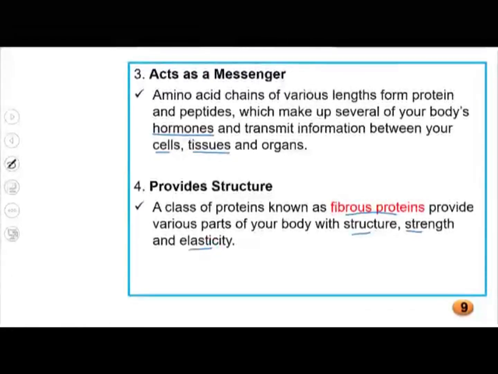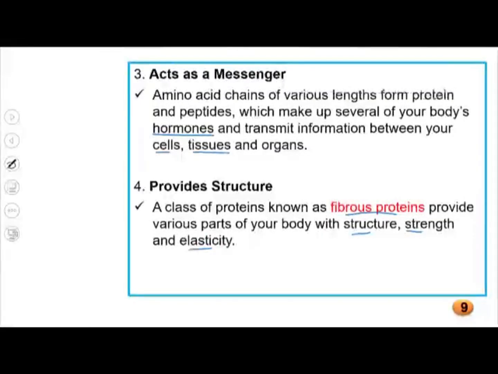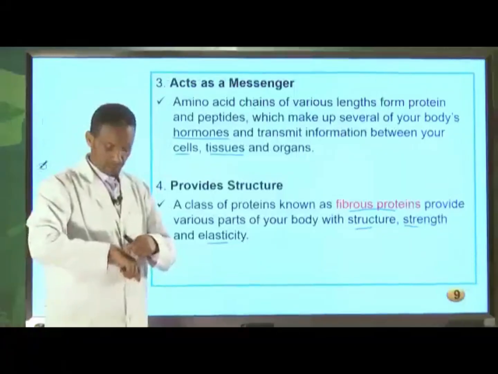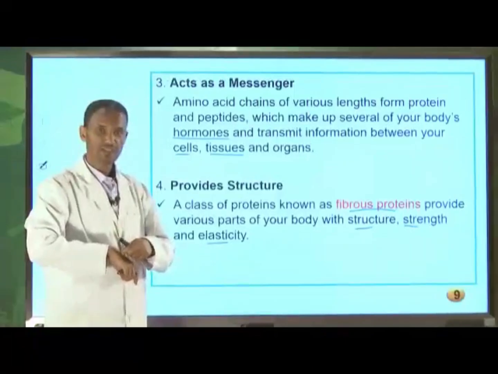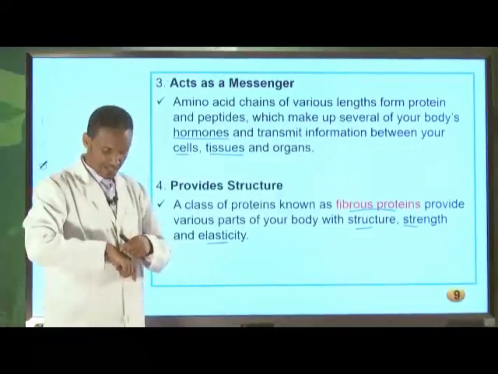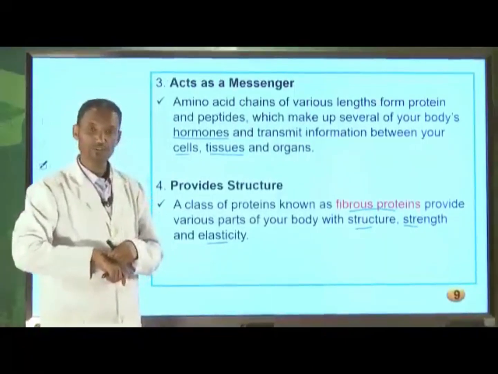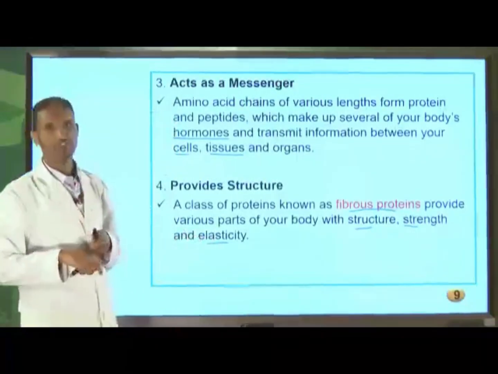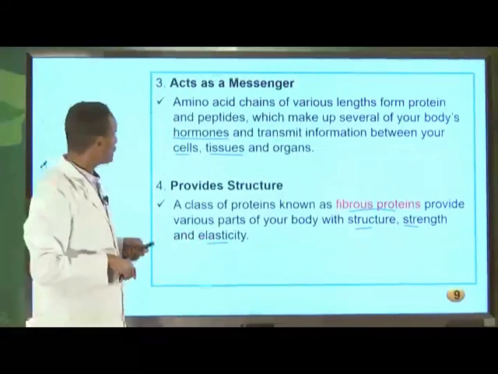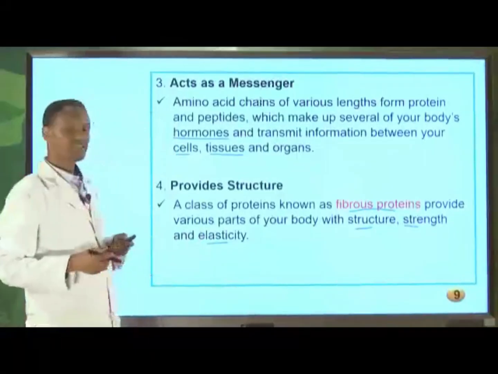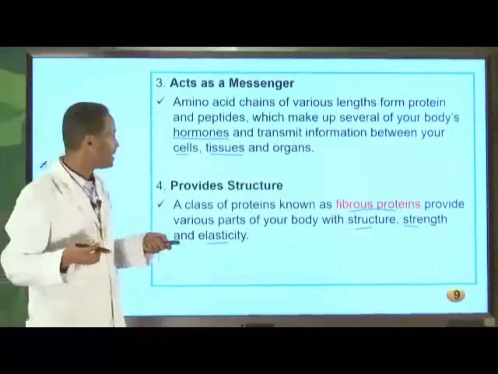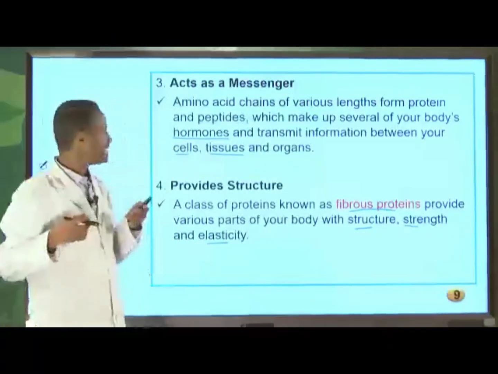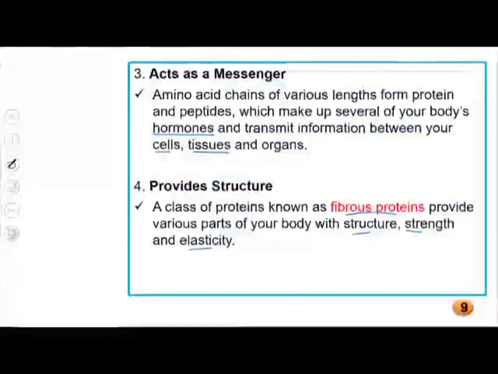For example, if you pinch your skin, it is somewhat elastic. This elasticity of your skin is from the protein called elastin, which is found in our skin. Therefore, protein can provide our body's structures with elasticity or strength.